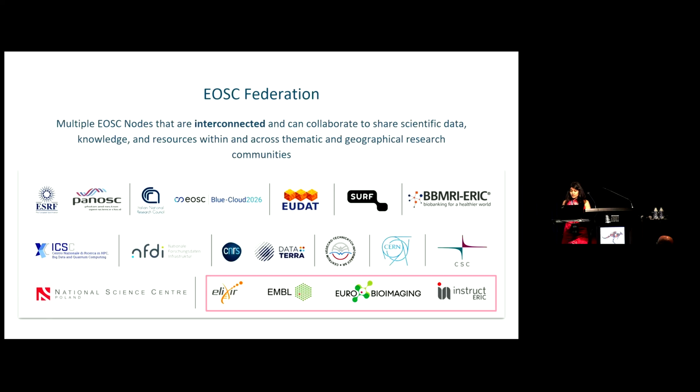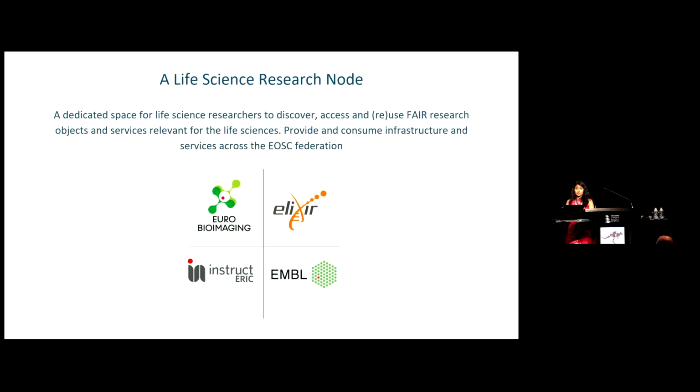There are many geographical communities as well, but we here form the thematic community. These are all the four research infrastructures here at the bottom. So what do we want to achieve together? In this wider picture of having a common data space for all of the FAIR data and FAIR research that is being done in Europe, we want to form a life science dedicated node.